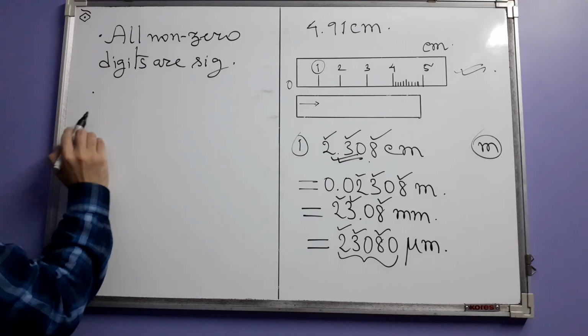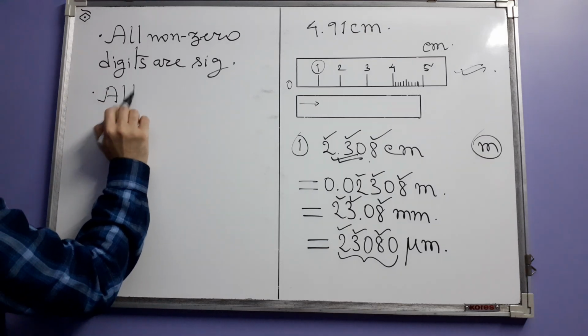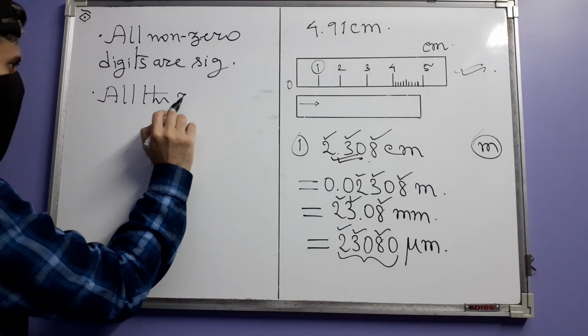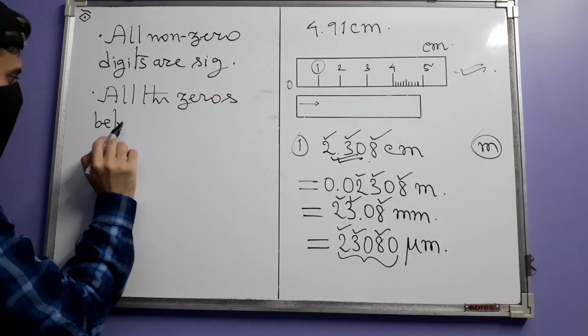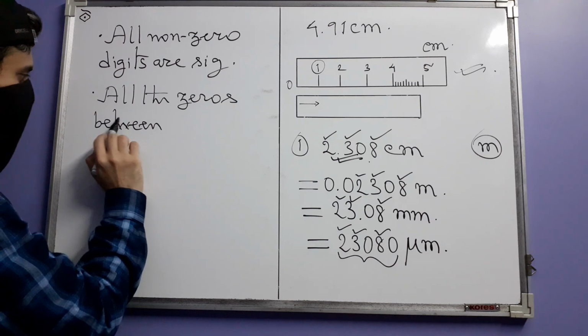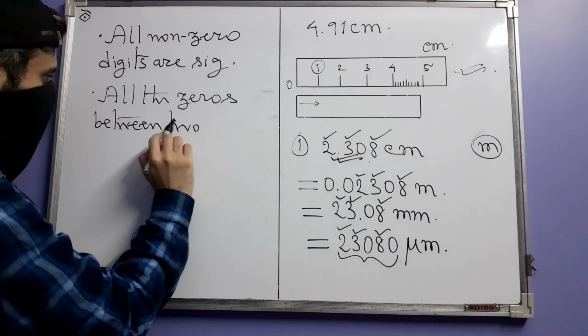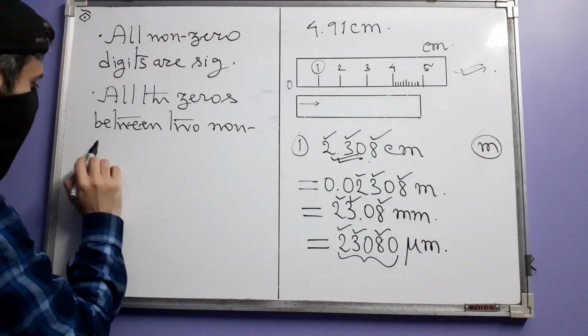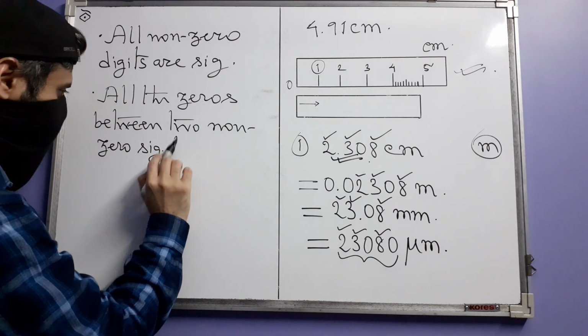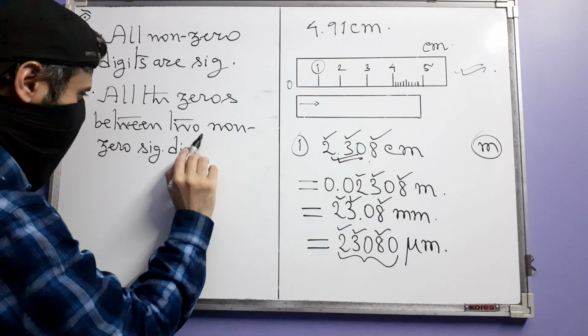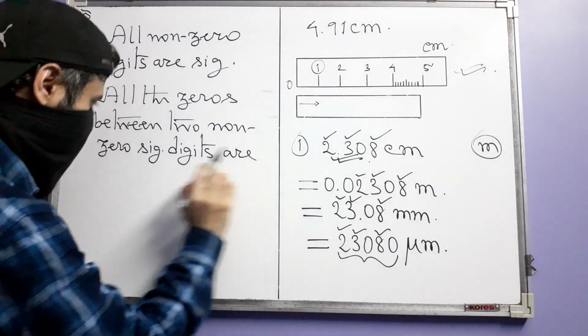Another rule: all the zeros between two non-zero significant digits are significant.